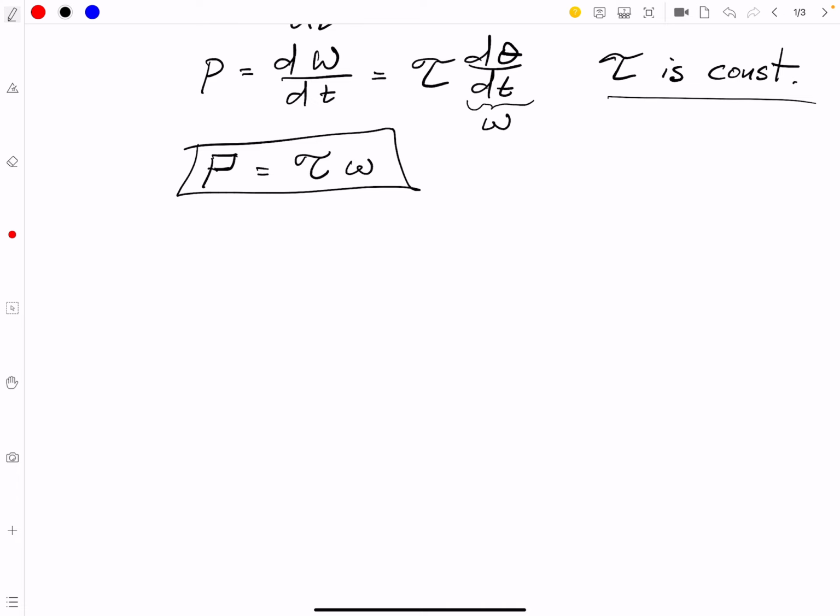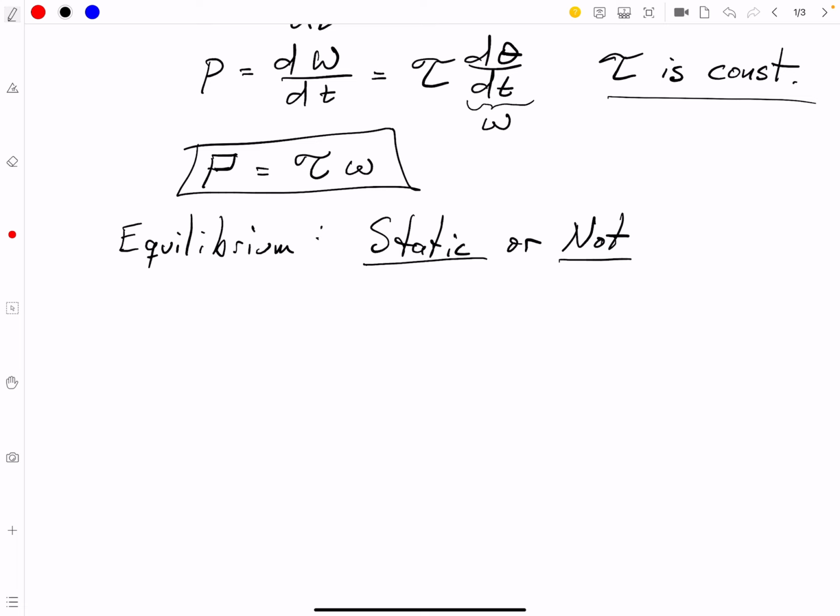Okay, then we started talking about equilibrium. Equilibrium is all about whether it's static or not. There are two conditions for equilibrium.